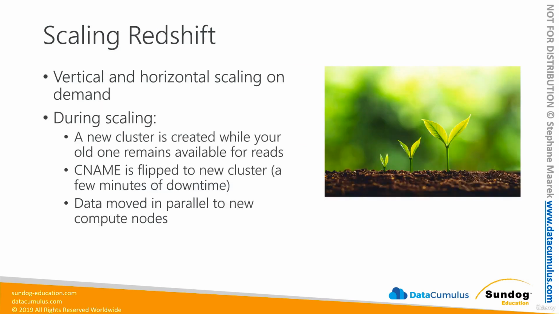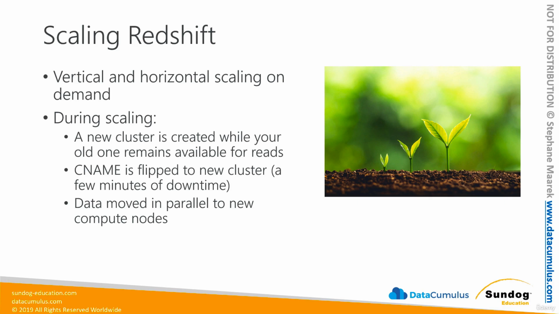How does Redshift scale? Well, Redshift clusters support both vertical scaling, which is increasing the node instance type, and horizontal scaling, which is increasing the number of nodes. Your requested changes will be applied immediately when you modify your data warehouse cluster. Here's how the process works. When you're scaling, an existing data warehouse cluster will remain available for read operations, and a new data warehouse cluster is created during scaling operations.